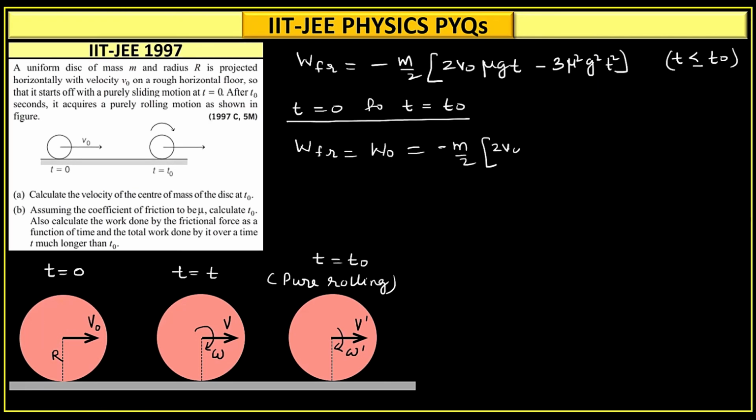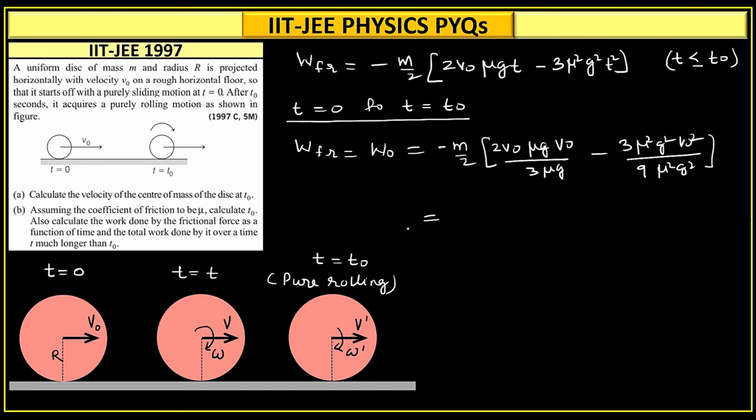So 2 v naught mu g times v naught by 3 mu g, and here 3 mu square g square times v naught square by 9 mu square g square.